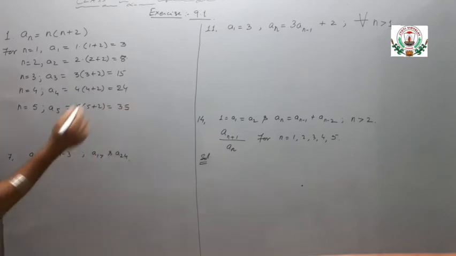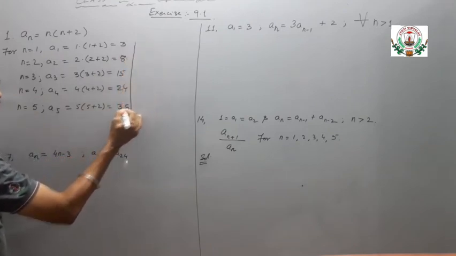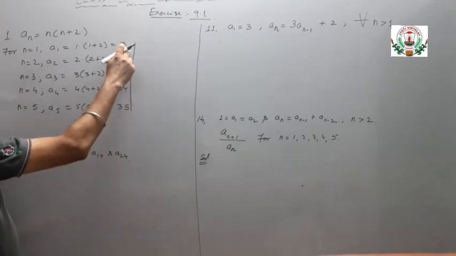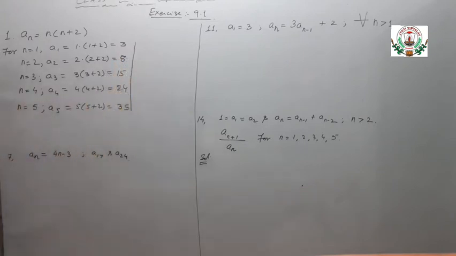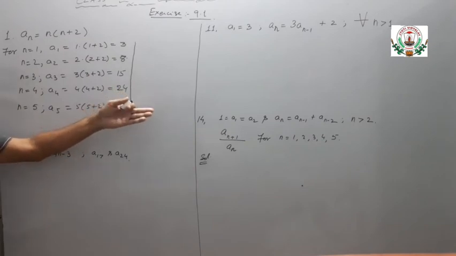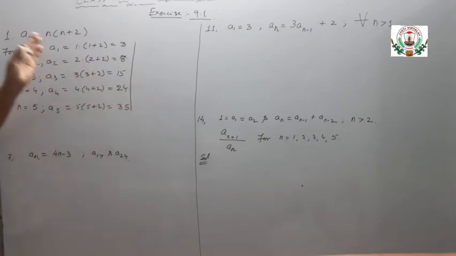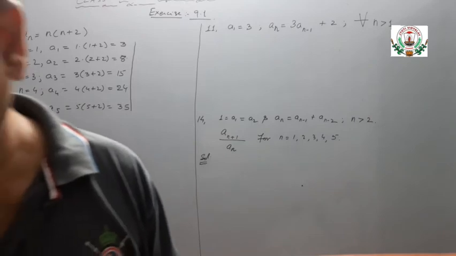Now here we can see these terms 3, 8, 24, 35. Differences are not same, but we only have to calculate the terms from the given last term. Whether the terms are in AP or not doesn't matter, but we have to get the first 5 terms. Okay, the first question; in the same way you have to solve question number 2, 3, 4, 5 and 6.